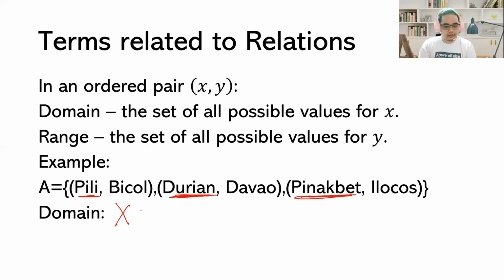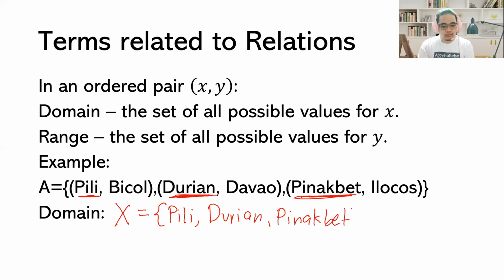Let's say X equals, then we put the braces, and then we put the first elements of each pair: Pili, Durian, and Pinakbet. As you can see, those are the first elements of each pair in set A. Therefore, that is what we call the domain.